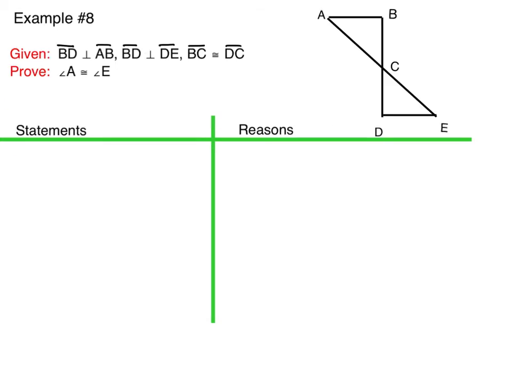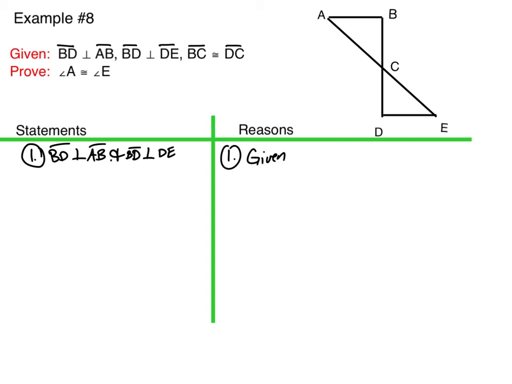Hey, welcome to example 8. Let's get going right away. Here is statement number 1, and we can say that BD is perpendicular to AB, and that reason is given. And the same idea, I'm going to say and BD is perpendicular to DE in the same exact given statement. So you can do that if you would like to put 2 givens in one.